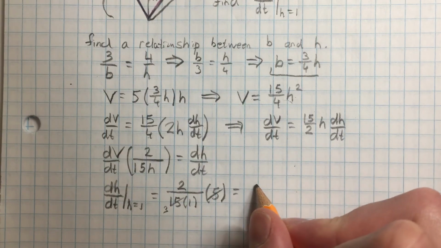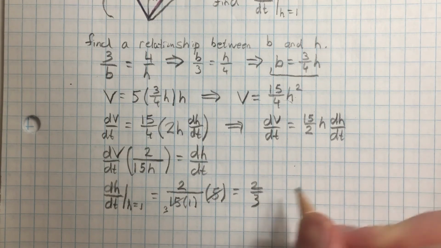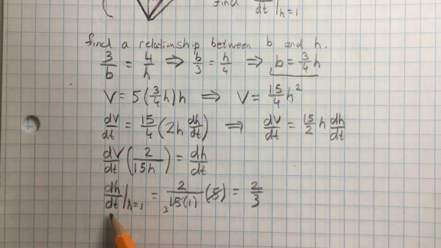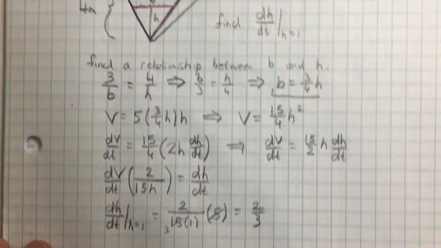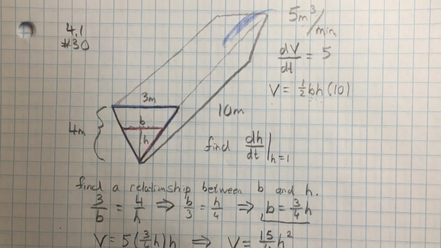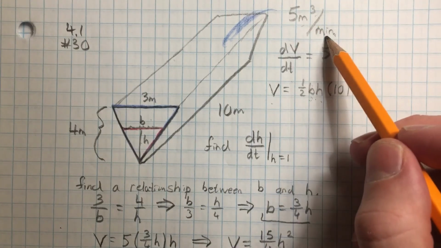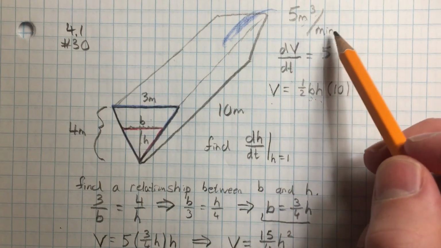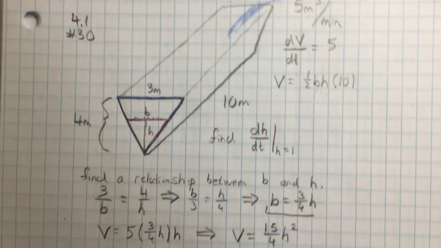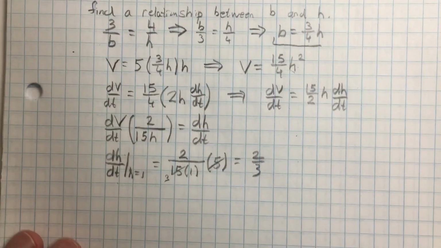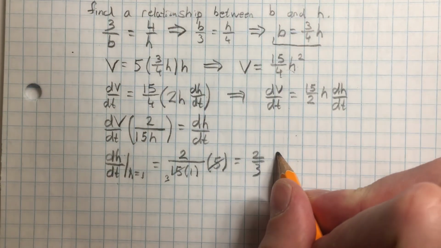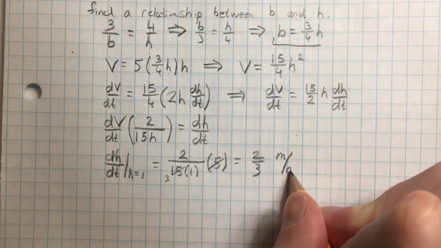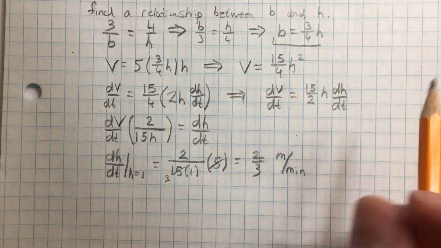So we have 2/3. 2/3 what? Well, it's the change of height with respect to time. And the units above were measured in meters and minutes for length and time respectively. So it should be 2/3 meters per minute. And we have our answer.